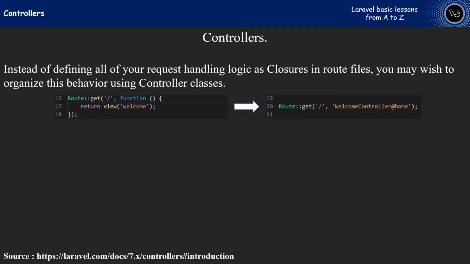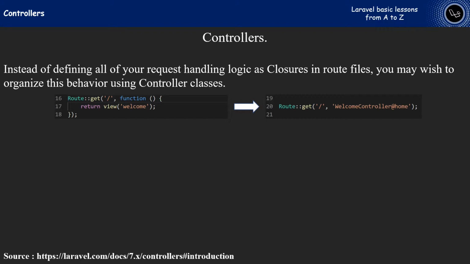Here, as you can see, we have Route, double colon, get, and here we can say slash, and we're going to create a controller. For example, here I have named this WelcomeController class.